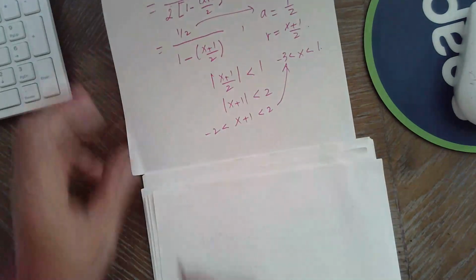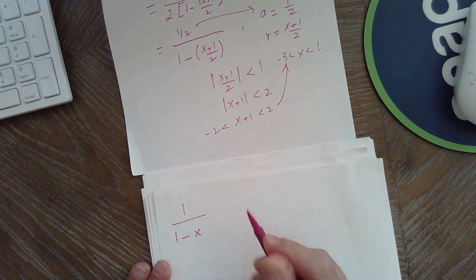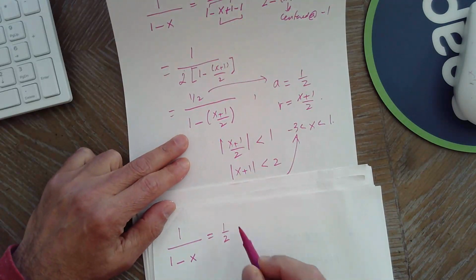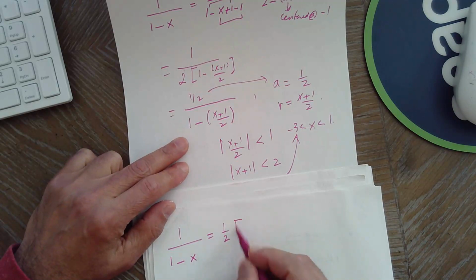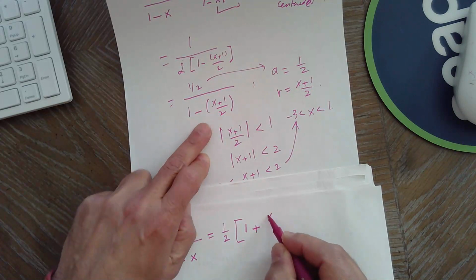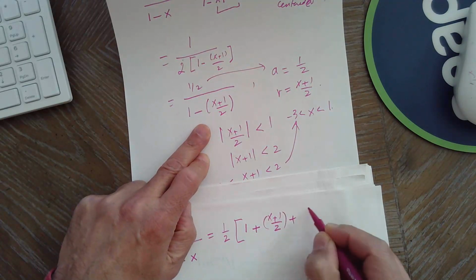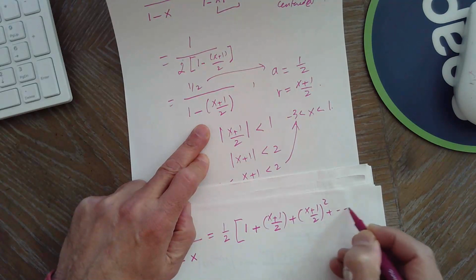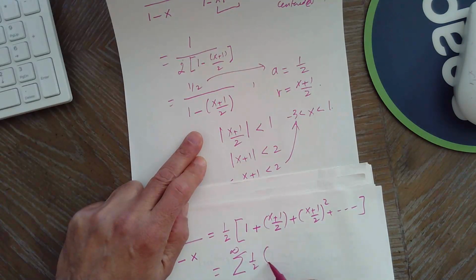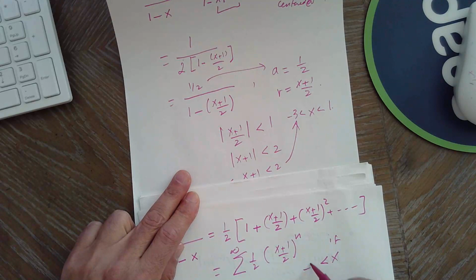And so we can write 1 over 1 minus x. As you can see, you pull the 1/2 out, and then it's going to be 1 plus (x plus 1)/2 plus ((x plus 1)/2) squared, and so on, which we can write as the sum from n equals 0 to infinity of 1/2 times ((x plus 1)/2) to the n, if x is between -3 and 1.